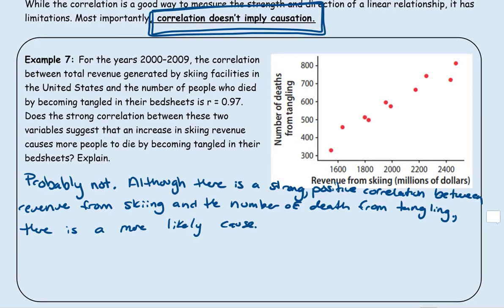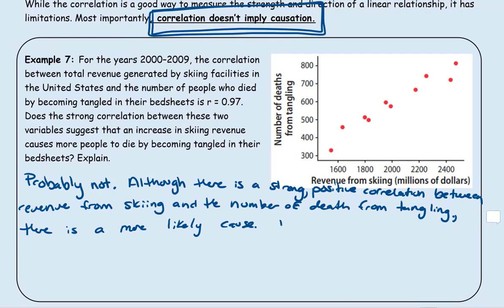In the past, I've gotten some really good examples. I would say that it is likely that both of these variables are becoming large over time because of population growth. Because if you think about it, the population is growing, therefore more people are spending more money on skiing, and unfortunately, more are dying from becoming tangled.